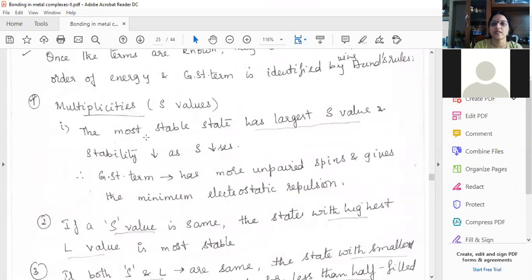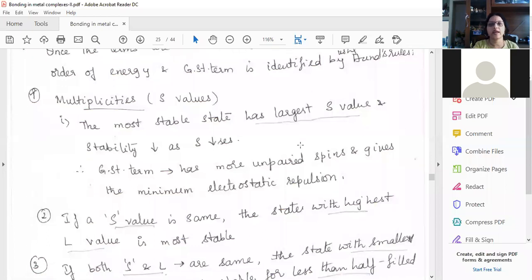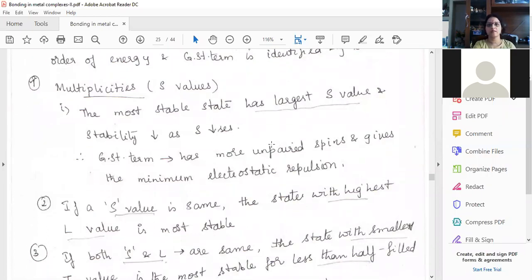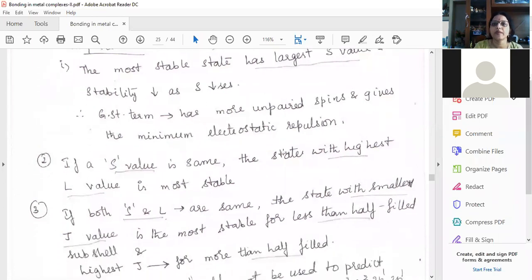So the first rule says that whichever is having the largest S value. What is the S value? That is the multiplicity. 2S plus 1 we put, right? So wherever that S value is more, you have to put that as the lowest one, because whenever the S value is more, the ground state should have more unpaired spins and gives the minimum repulsion.